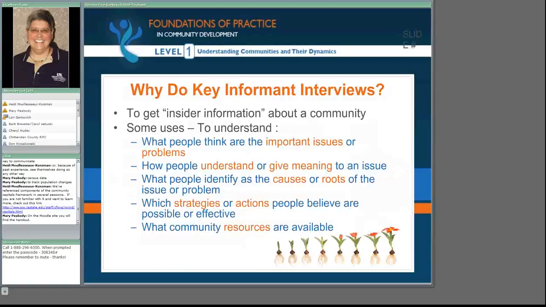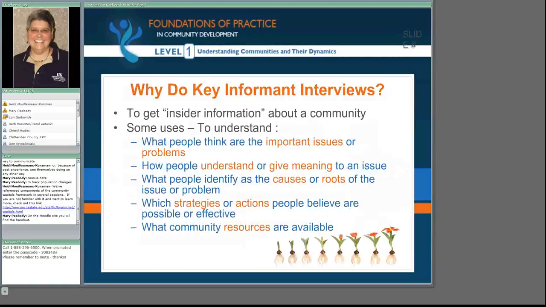Key informant interviews are really effective at figuring out what people think are the important issues or problems. Getting a sense of how people understand or give meaning to the issue or the problem. What people say are the causes or the roots or potential solutions to the issue or the problem.